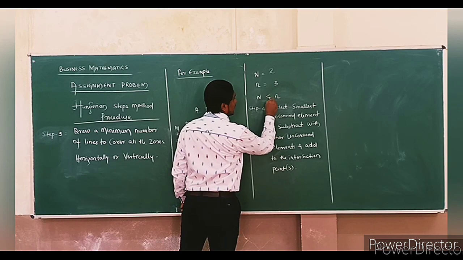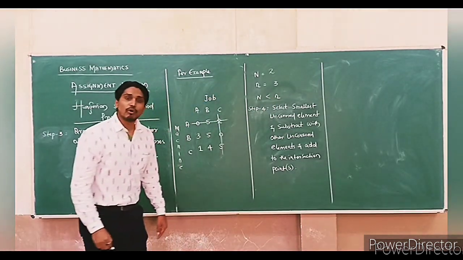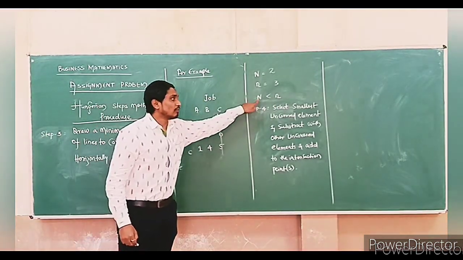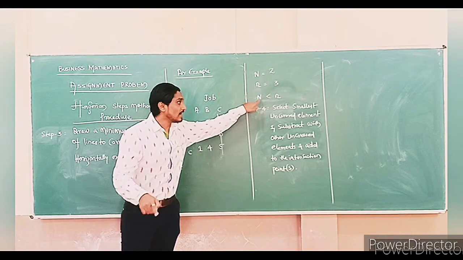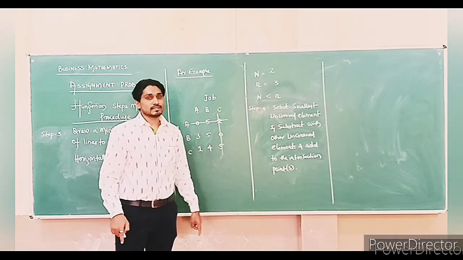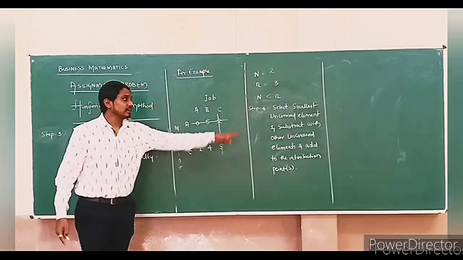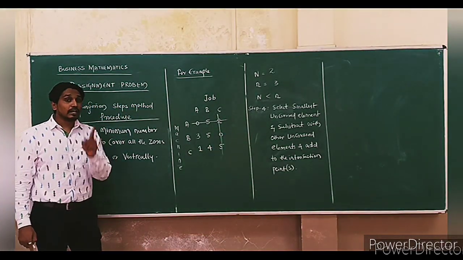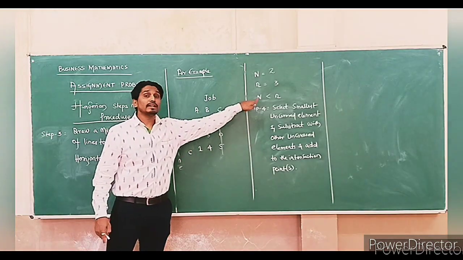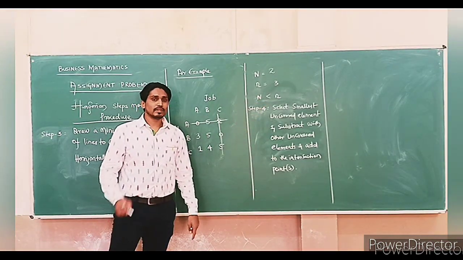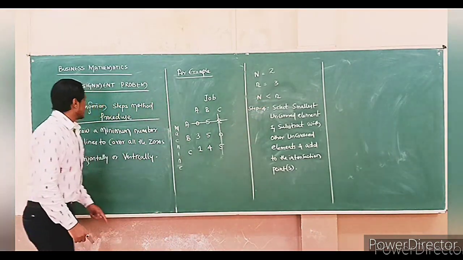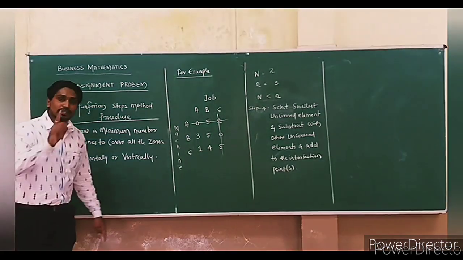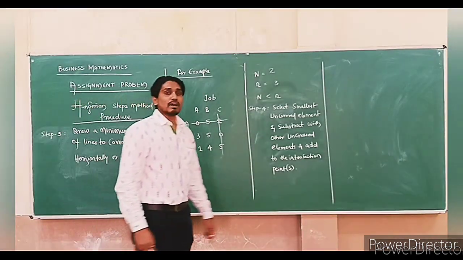So capital N is lesser than small n. Number of lines drawn is lesser than the order of the matrix. Hence we have to proceed with the next step. Step number 4, unless we get N equals to n. Correct? So this is all about step number 3 of Hungarian Method Procedure, my friends.